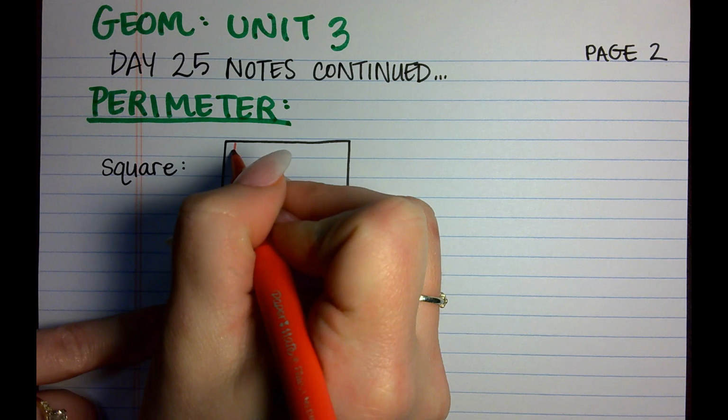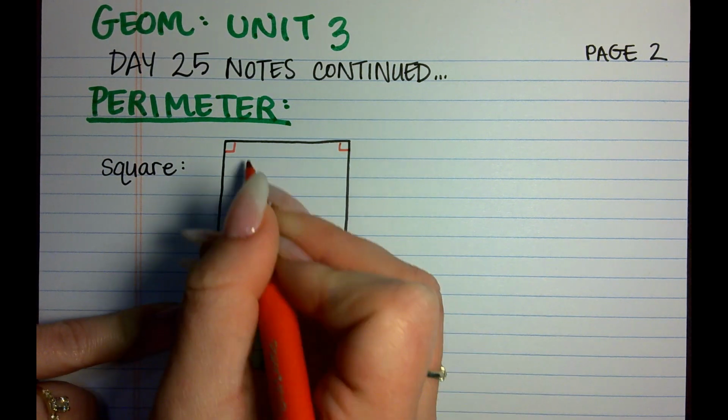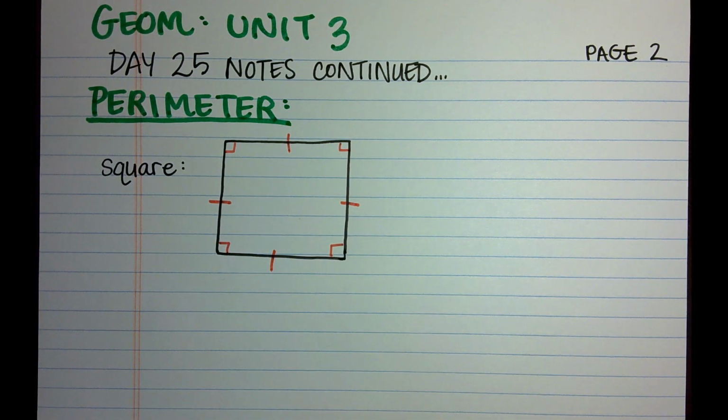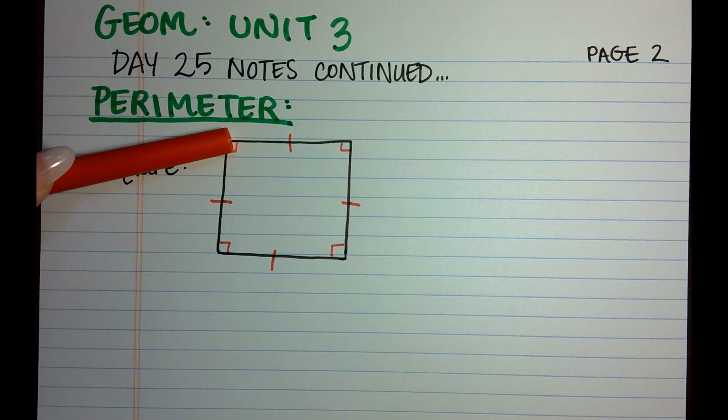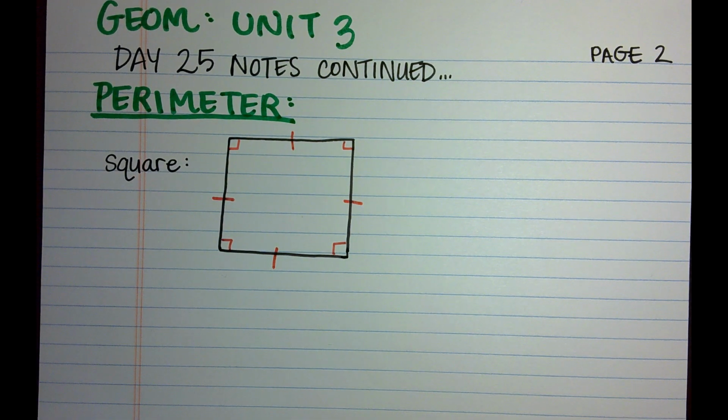So, all sides are equal. Yes, all of the sides are equal to each other. They're all 90-degree angles. Yes, those are the two things that have to be true for it to be a square. I need to have 4 90-degree angles, and I need to have 4 equal sides. It does not work if those are not true.